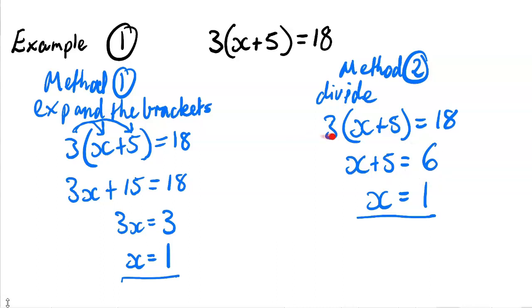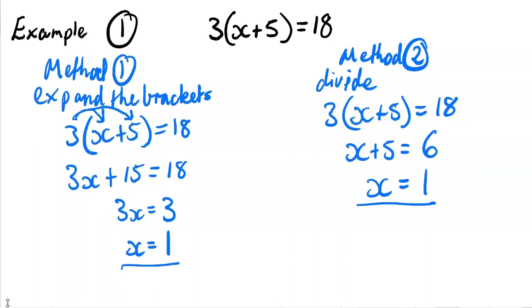Okay, so it depends on the question which method you use, but as I say, it doesn't matter. If you stick with method 1, just expanding the brackets and solving from there, you're always going to get the same answer. But if, say, 18 is divisible by 3, you might get there a little bit quicker, but it really doesn't matter.